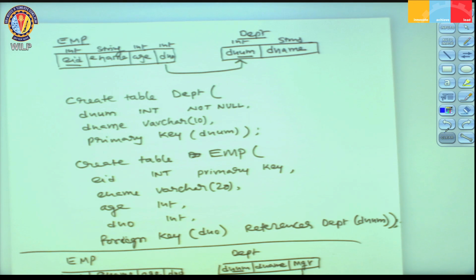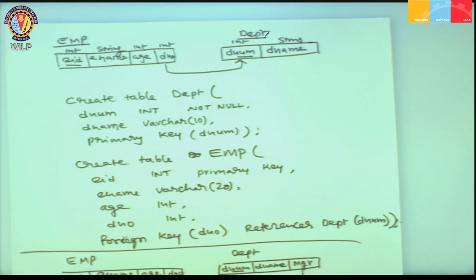Now, if you carefully observe, the department table is not dependent on the employee table, but there is an attribute in the employee table, which is DNO, a foreign key pointing to DNUM in the department table. Hence, employee is a dependent table and department is a parent table. We can consider it like this for the sake of better understanding.